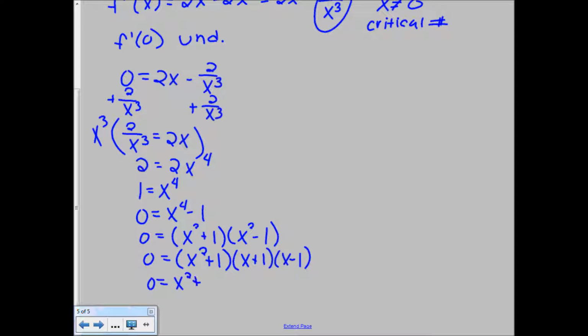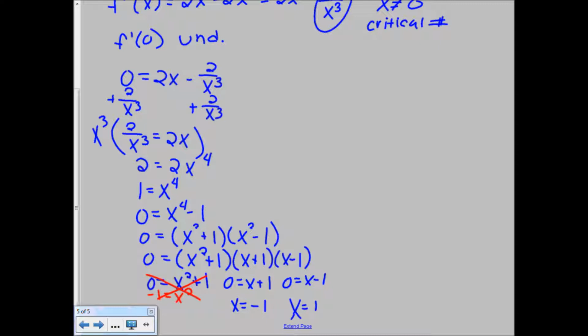Now, x squared plus 1 has no solutions because if we moved it over, we would have negative 1 is equal to x squared, which is never true because squares are always positive. These two other terms are really easy to solve because they're linear, so we get x is equal to negative 1 and x is equal to positive 1.